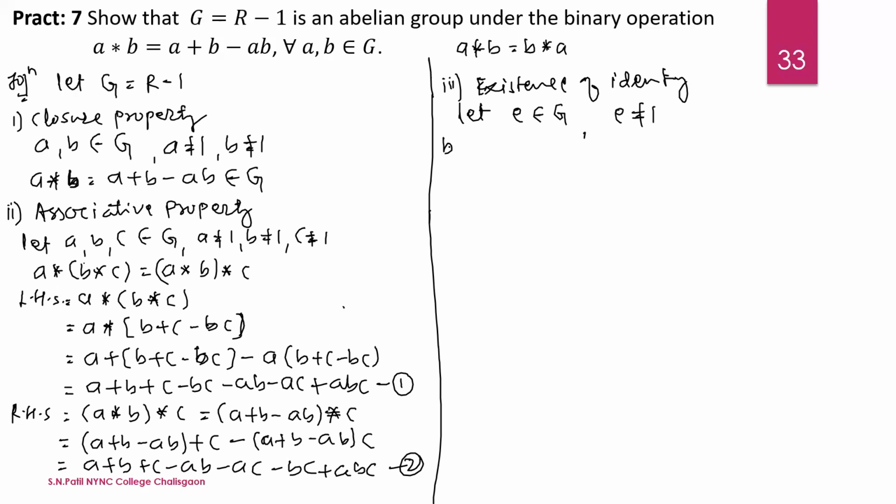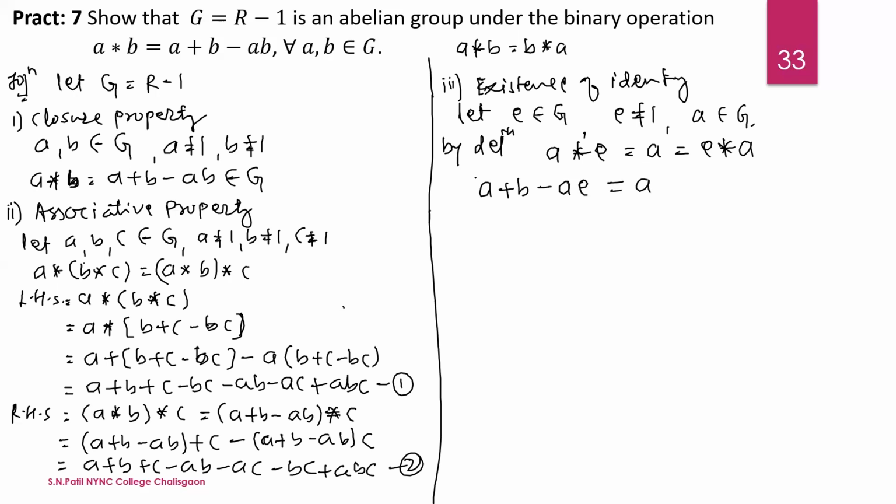By the definition of identity, for a belonging to G, a star e is equal to a, otherwise e star a is equal to a. So we consider a star e equal to a. Now on the left hand side apply the definition: first is addition, a plus e minus their product a into e, is equal to a.